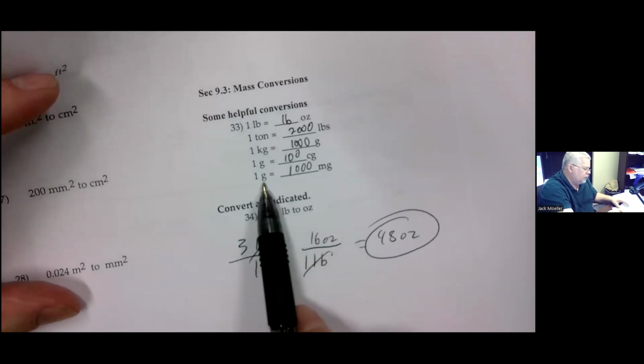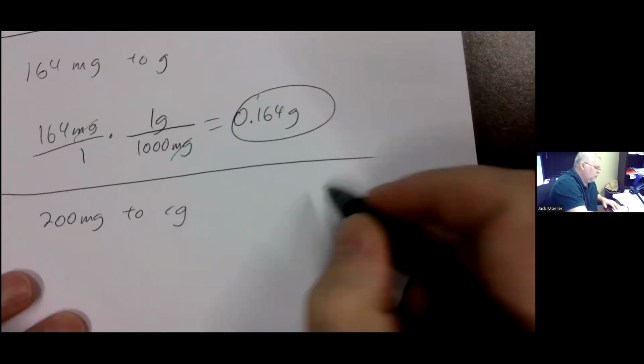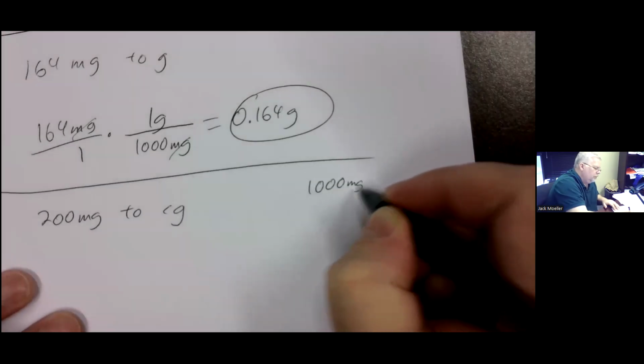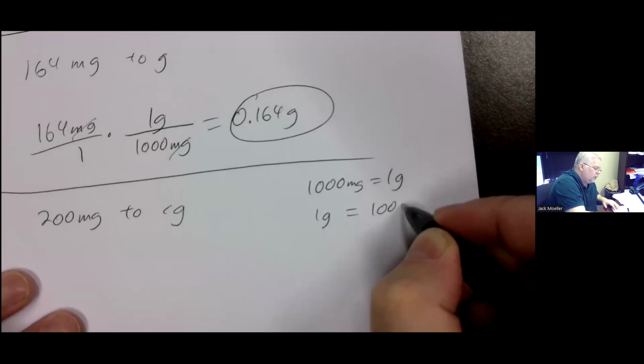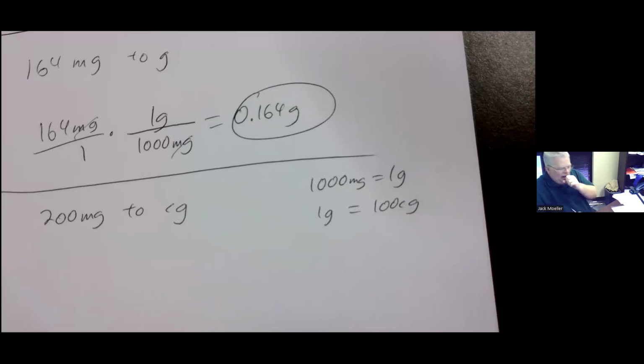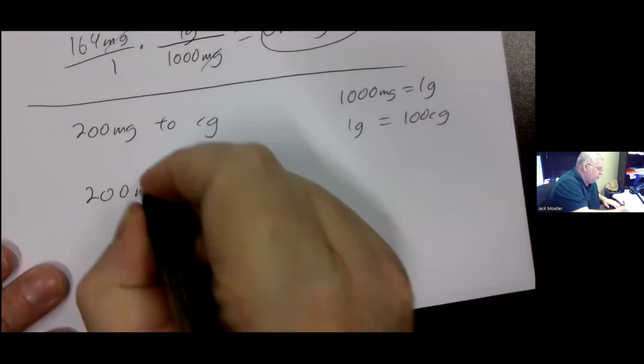So we're starting with milligrams. We're going to go from milligrams to grams, and then from grams to centigrams. 1,000 milligrams is a gram, and then 1 gram is 100, excuse me, 100 centigrams. So set this up, 200 milligrams over 1.